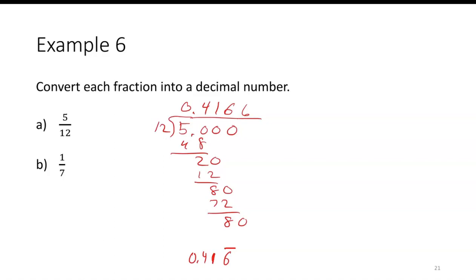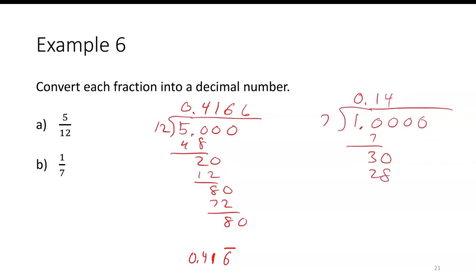All right, as for 1/7, start with 1 and divide it by 7. Again, 7 goes into 10 once, 3 remainder. 7 goes into 30 4 times, 2 remainder. Bring down another 0. 7 goes into 20 twice, 6 remainder.